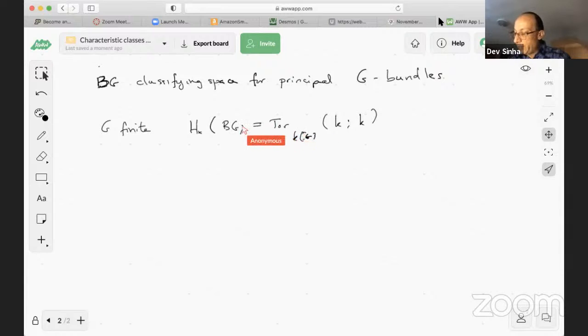So I'm thinking of K like Z mod P or something like that. And that's because you can check that the cellular chains of EG form a resolution, and when you tensor, you get the tensor product that defines this Tor, and so the homology of BG is the same as this Tor group.